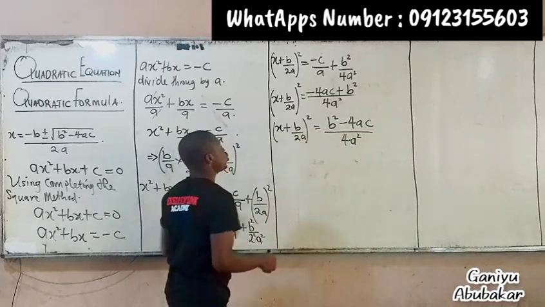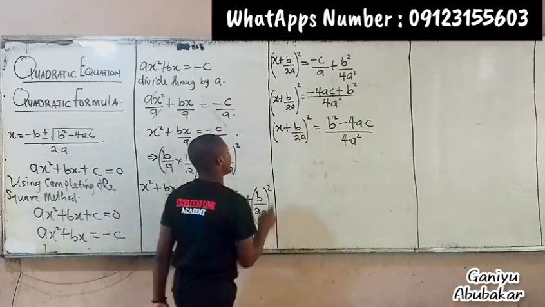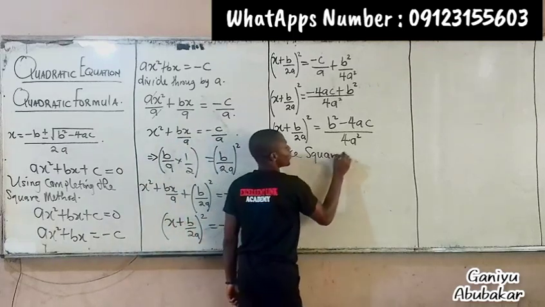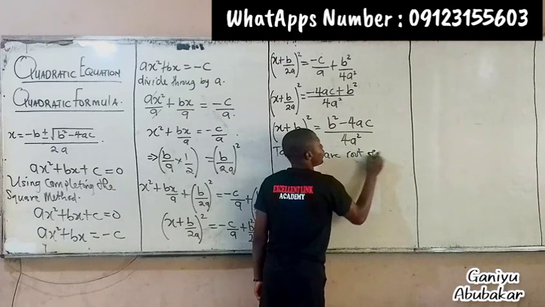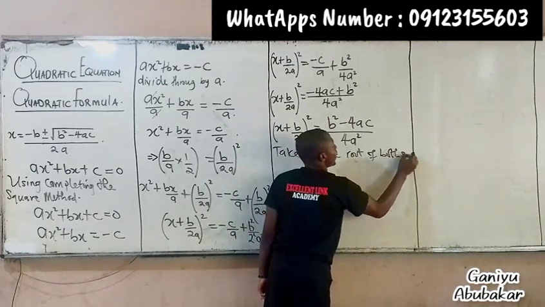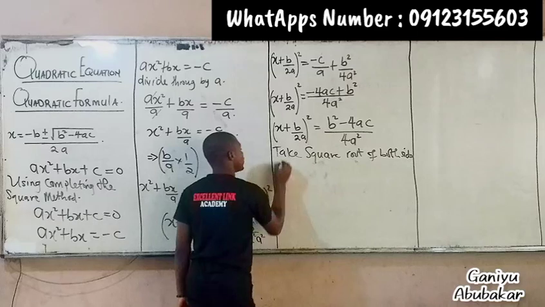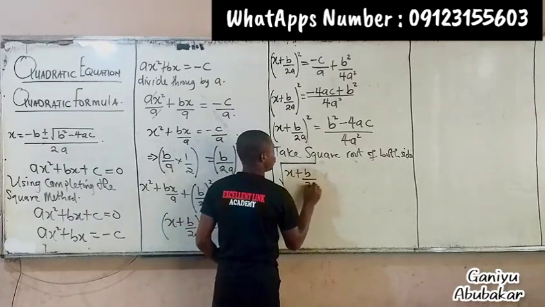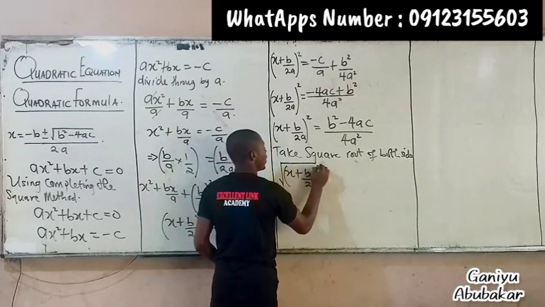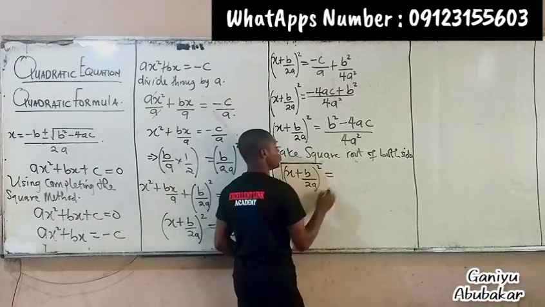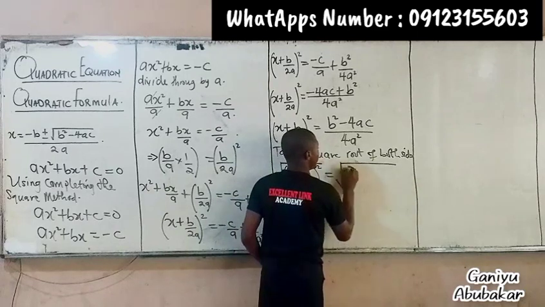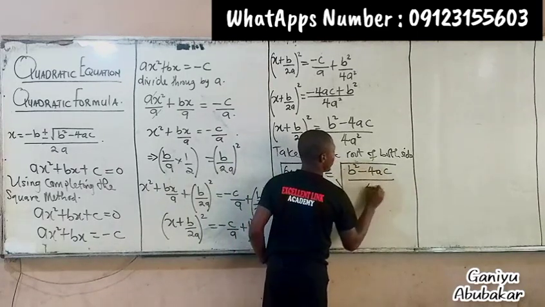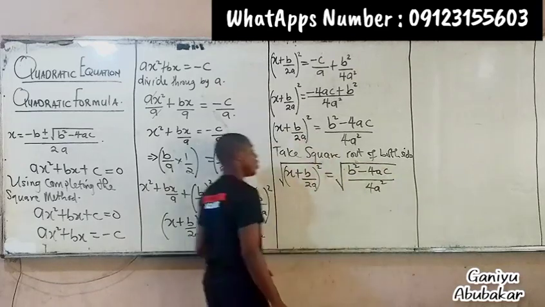Alright, take the square root of both sides. In that case, I'll have a square root of x plus b over 2a all squared is equal in value to a square root of b squared minus 4ac all over 4a squared.